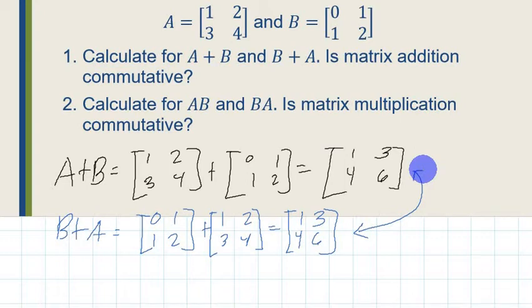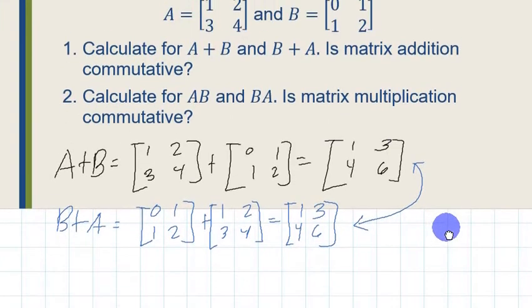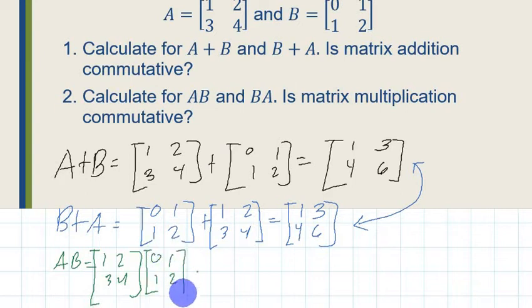We're actually going to explore these properties in the next lesson. Now, let's take a look at AB and BA. So for AB, we are going to have 1, 2, 3, 4 multiplied by 0, 1, 1, 2.